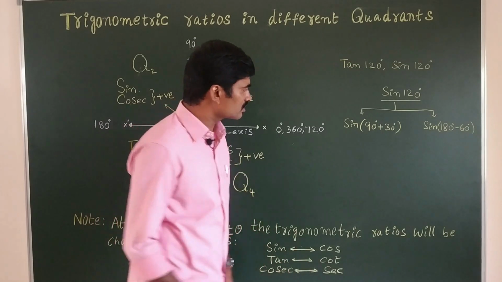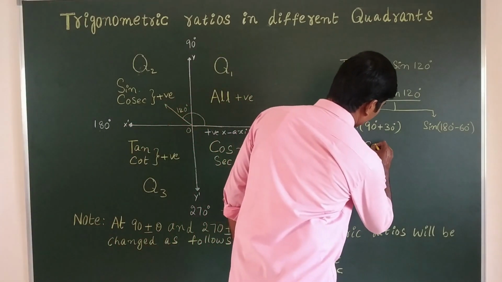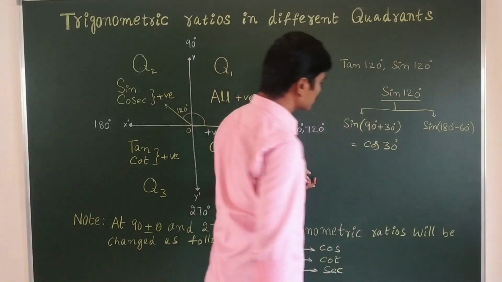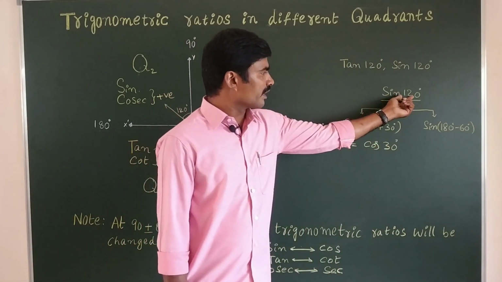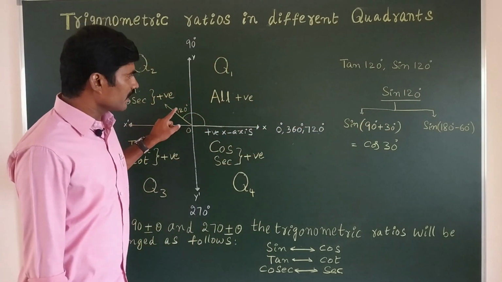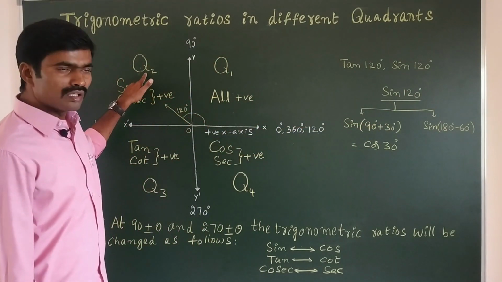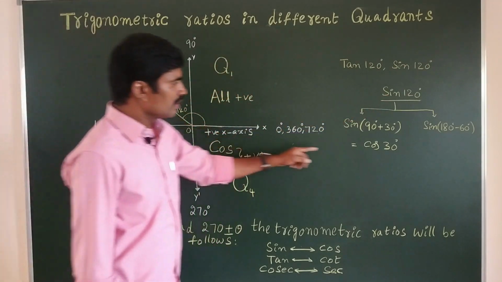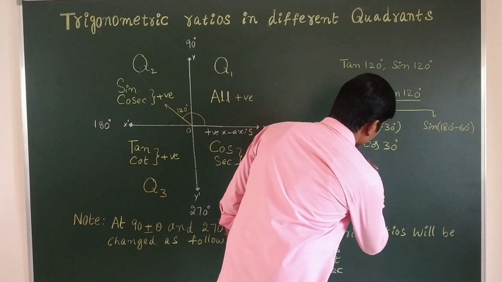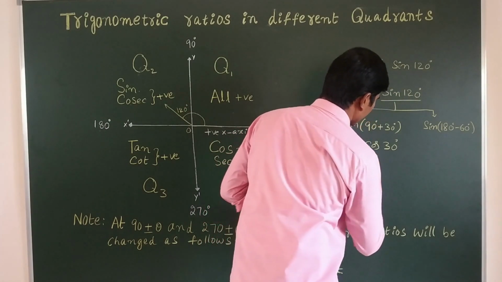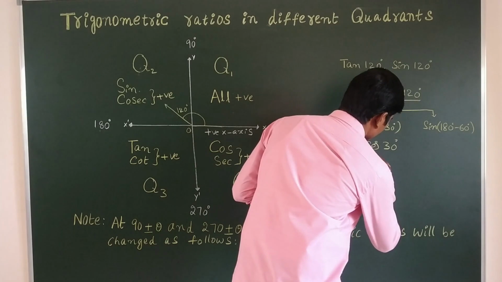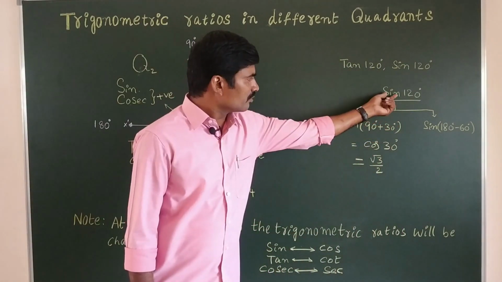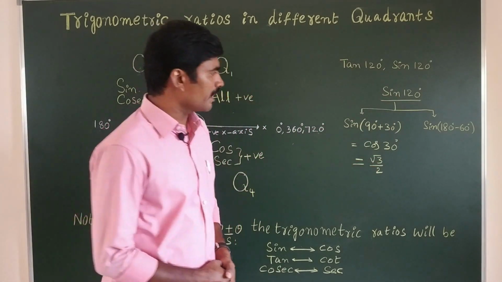So sine as cos. So write cos, neglect 90 degrees and write 30 degrees, cos 30 degrees, and come to the given angle 120 degrees. 120 degrees lies in Q2. In Q2, the sine ratio is positive. So keep it as positive. Cos 30 degrees value is equal to sine 60 value, that is square root 3 by 2. So sine 120 degrees is equal to root 3 by 2.